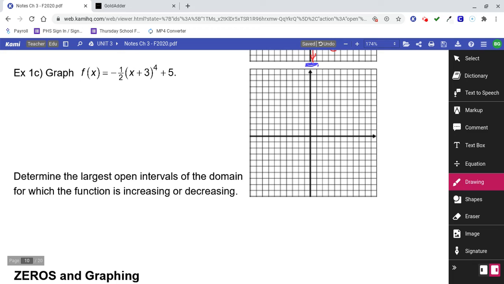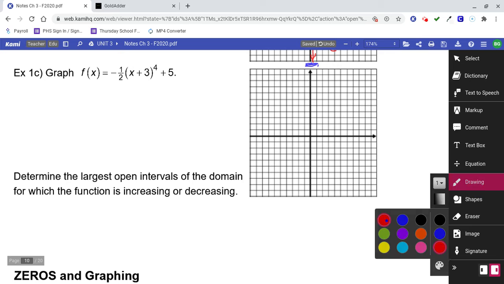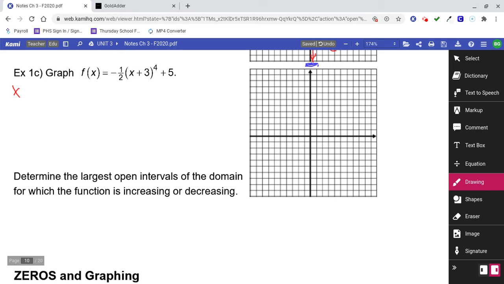1C looks significantly more complicated, okay? In essence, though, it has an x to the 4th. And x to the fourth looks kind of like a parabola. It's not exactly a parabola, but it looks kind of like a parabola. But you notice this negative sign in the front, so that's going to flip it. A negative is a flip.